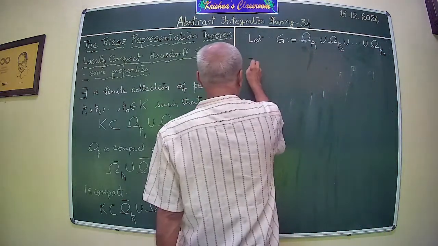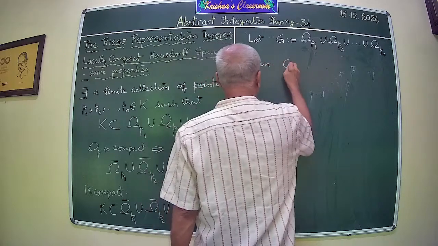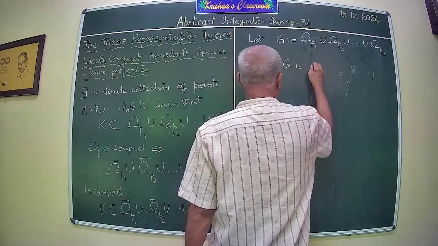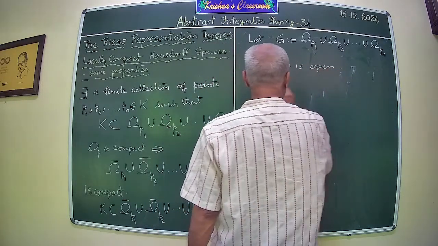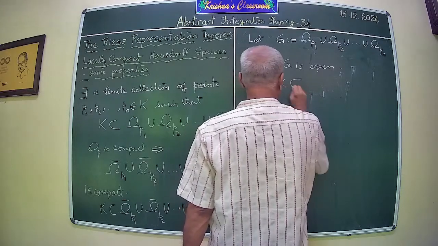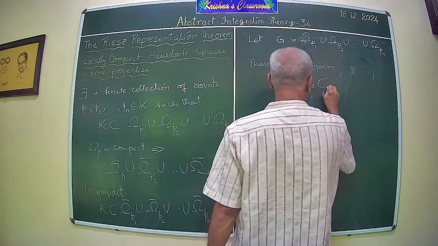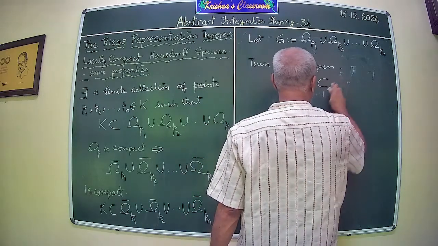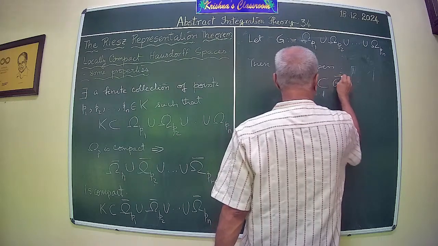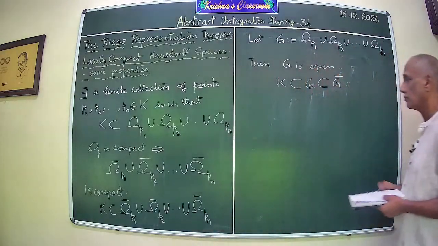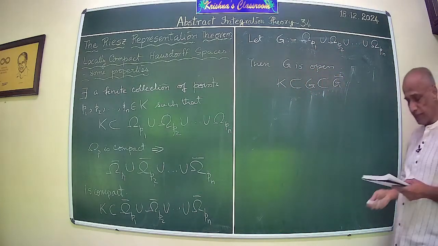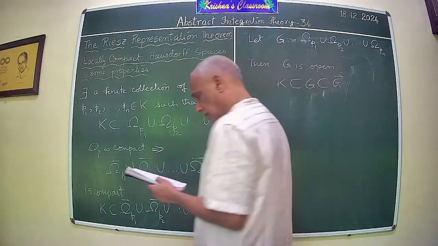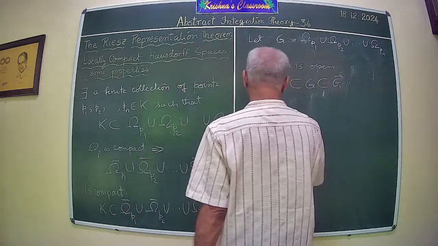Then G is open and we have K contained in G. Okay.